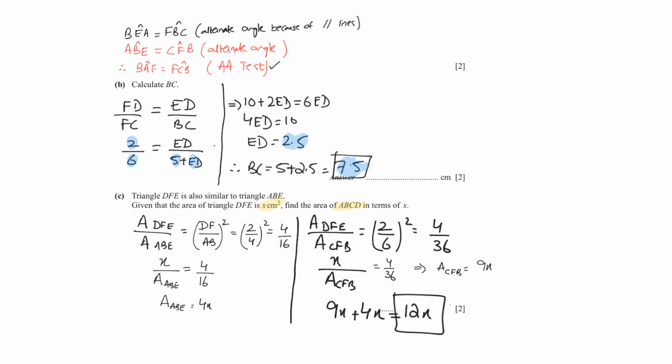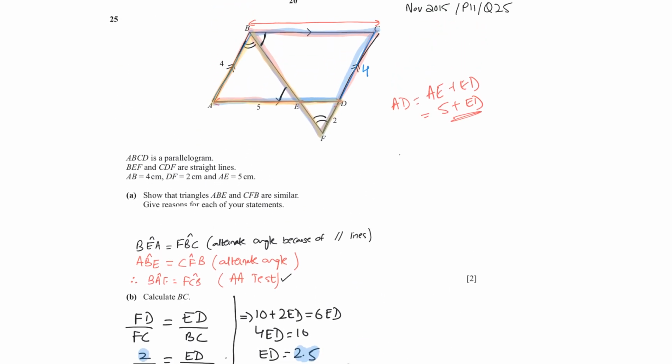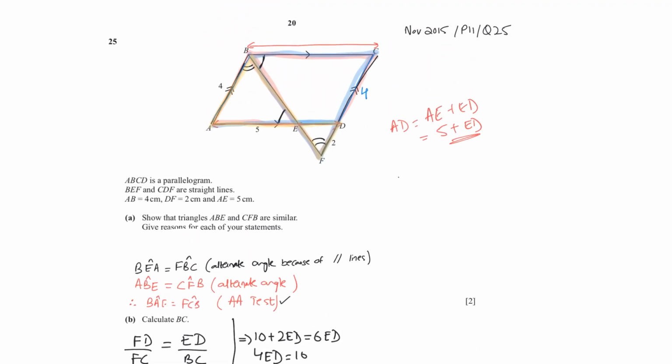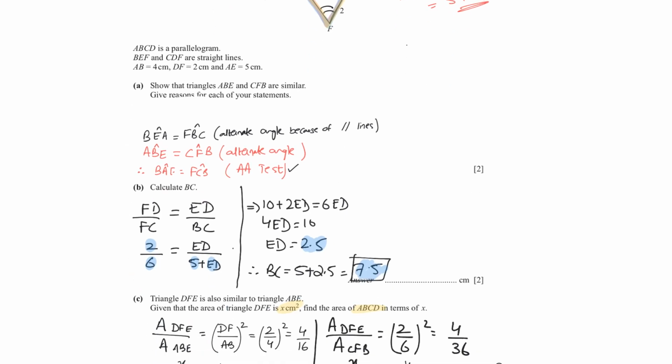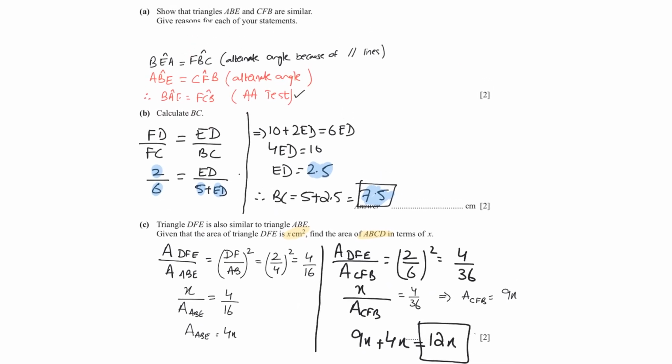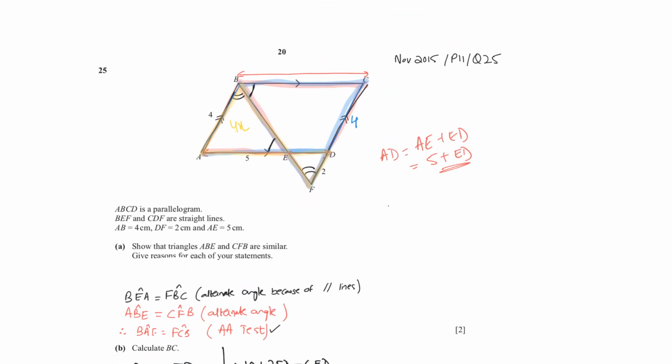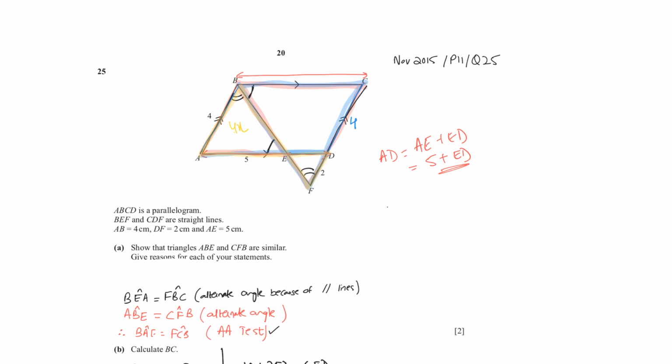So, we have the area of CFB and area of ABE in terms of x. ABE comes out to be 4x and CFB comes out to be 9x. This was already x, and the entire CFB was 9x, leaving this area 8x.